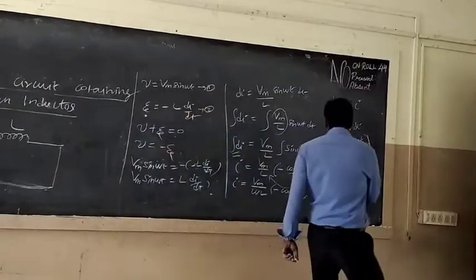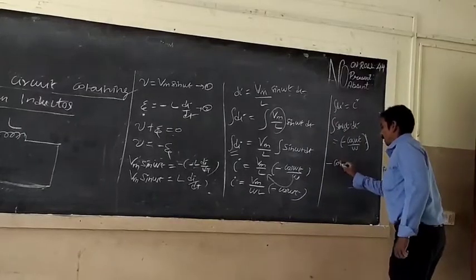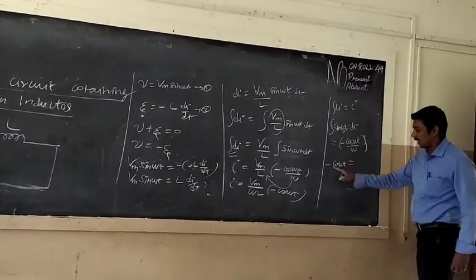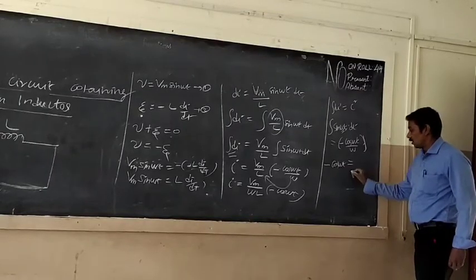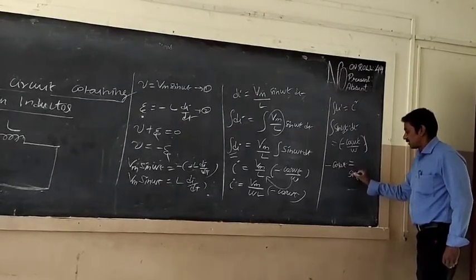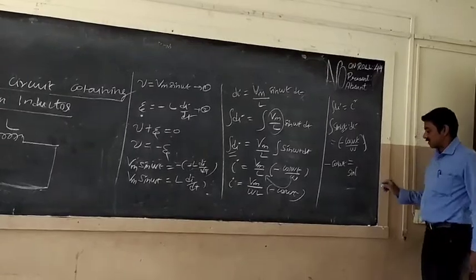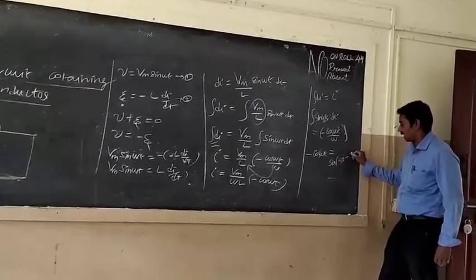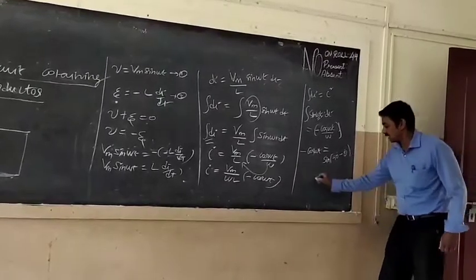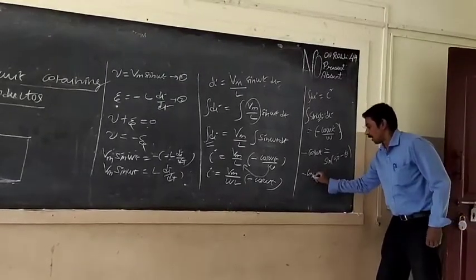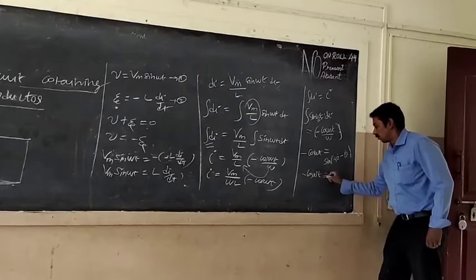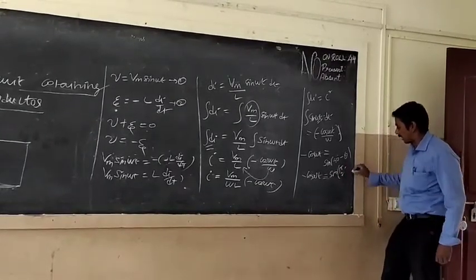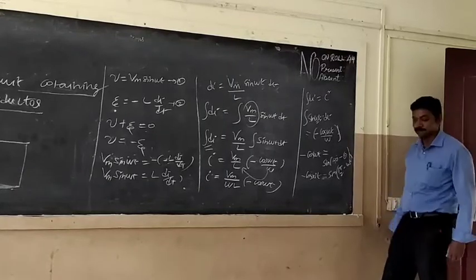Now minus cos omega t, that means minus cos theta is equal to sin 90 minus theta. That is minus cos omega t is equal to sin pi by 2 minus omega t.